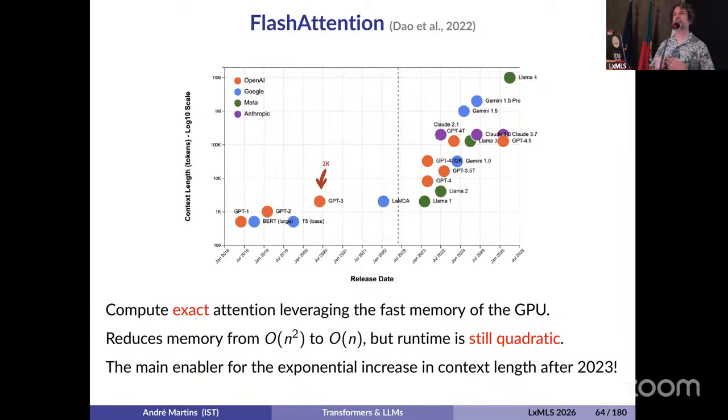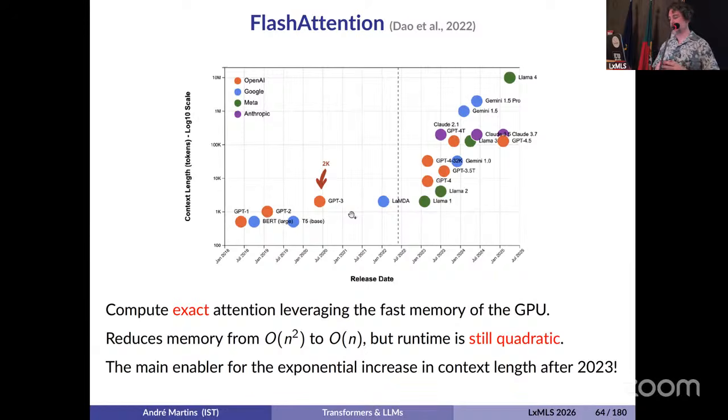So let's start with flash attention, which I think was the most successful of these techniques. This plot is interesting. It shows, between 2018 and 2025, so not very far from today, the context length supported by models that were released. And you see that until July 2022, the context size was quite stable at around 2K.